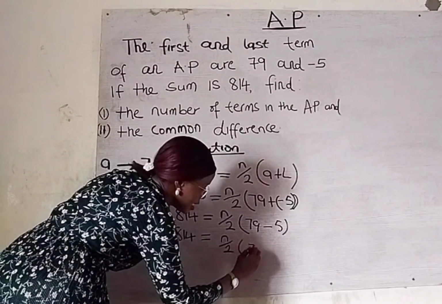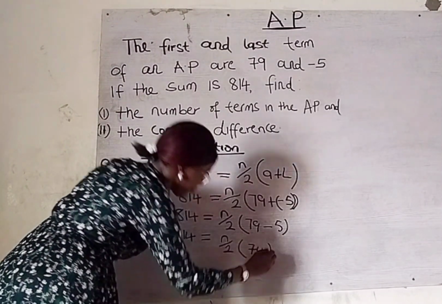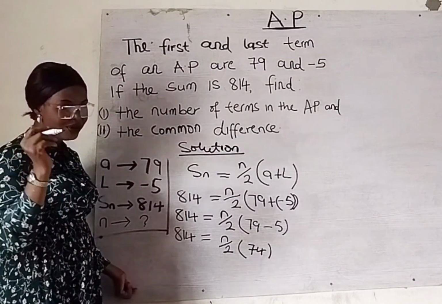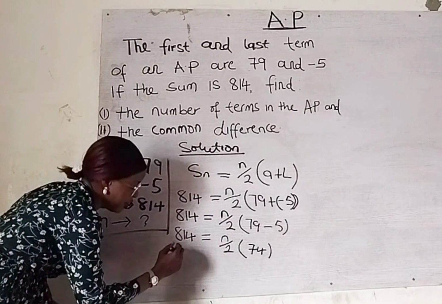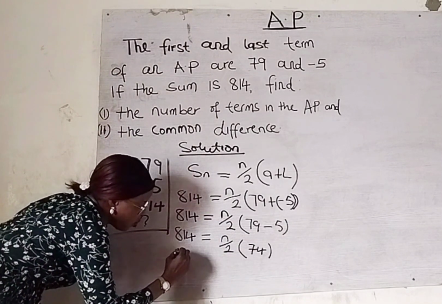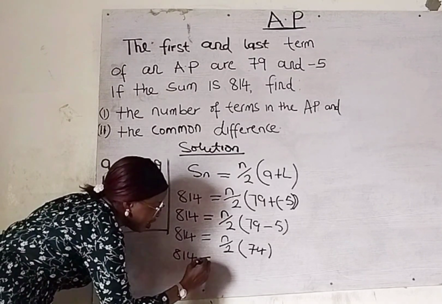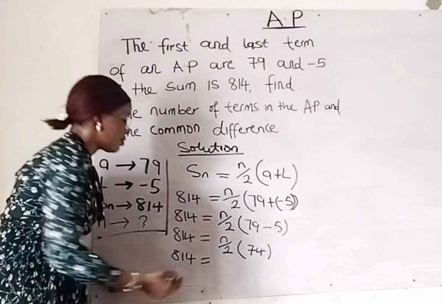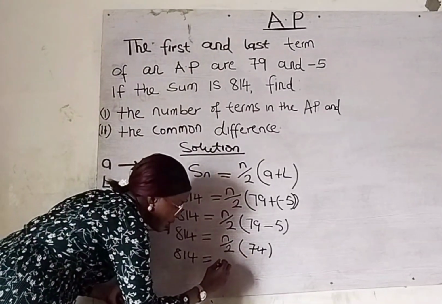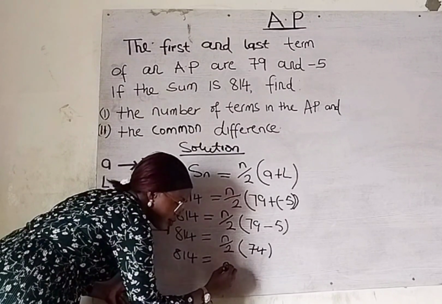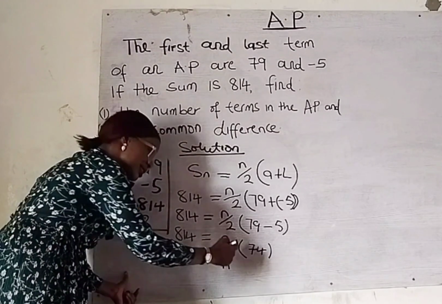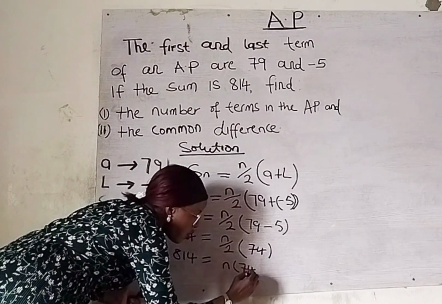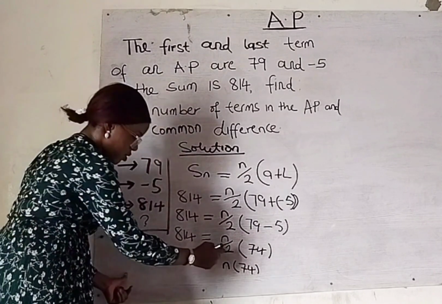So I write 74. I hope you are still together. I continue. I carry this 814 down again. 814 is equal to, what do I do now? I'll write this n first, then write this 74, over 2.